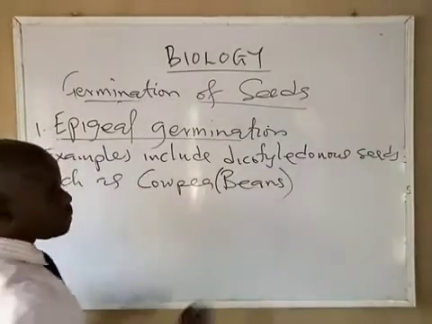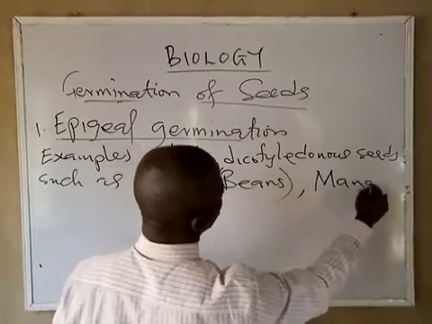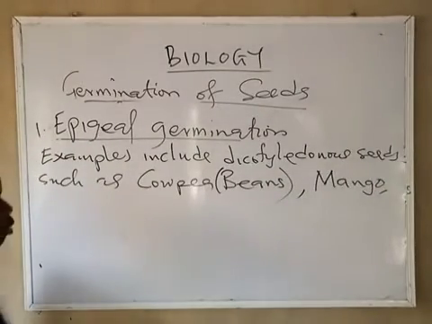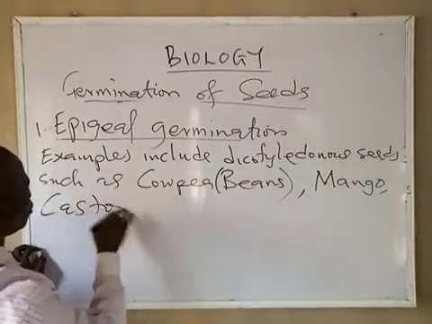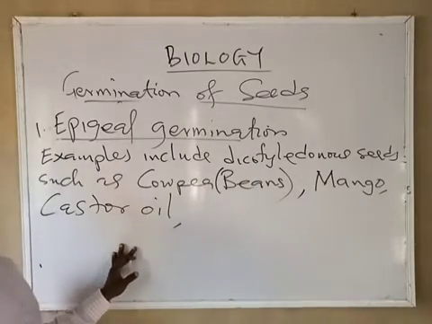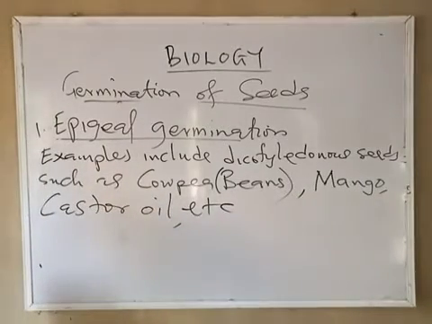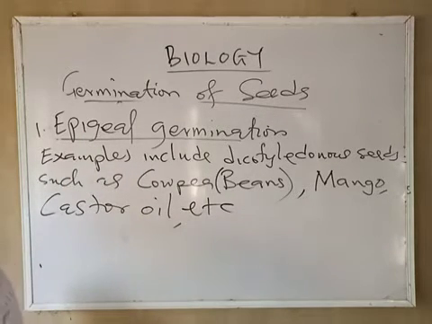Okay, beans. Then mango, we carry it out. Castor oil, we carry it out. And several of them, most dicotyledonous seeds, when they are planted, they will exhibit hypogyl germination.